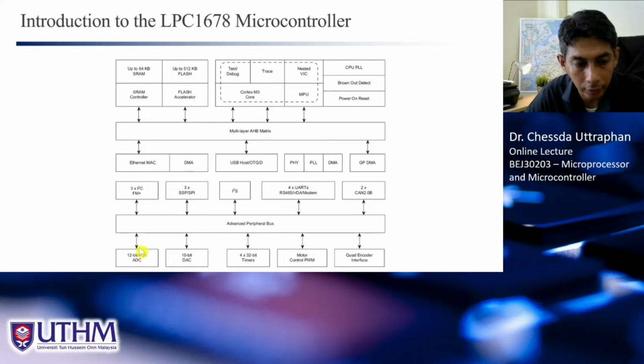The size of this ADC is 12-bit and 8 channel, which means you can connect up to 8 analog inputs. We also have a 10-bit digital to analog converter, 4 32-bit timers, and PWM for motor control, or you can control anything by using the PWM signal, not only motors.